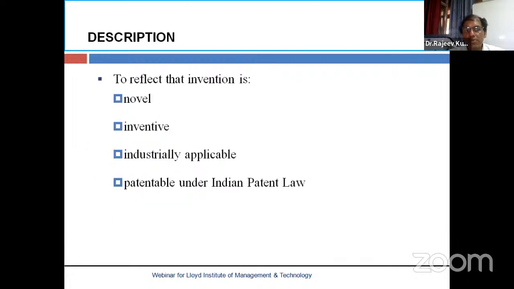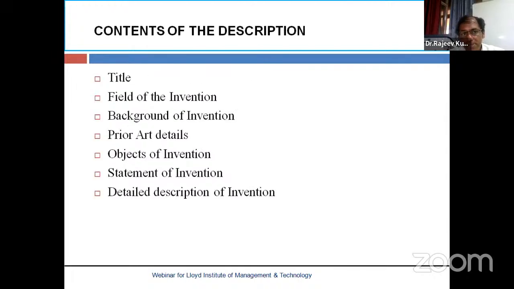So a description completely reflects that your invention is novel and it is inventive and it has industrial application, and that makes it patentable under the patent law. Now, I've been talking about the description, but let me tell you the description is a structured document.